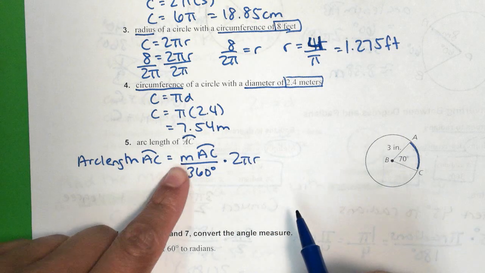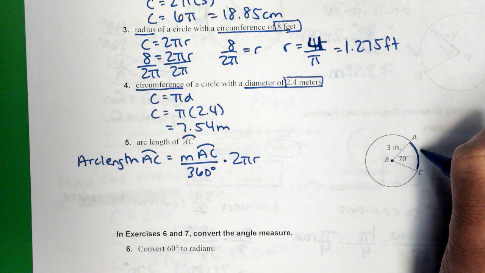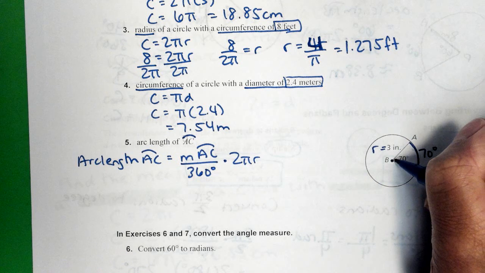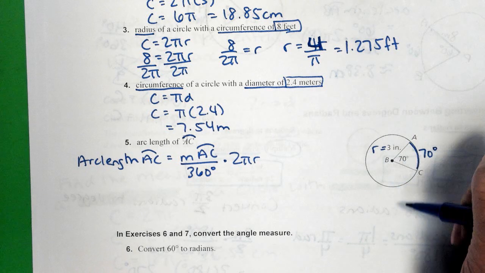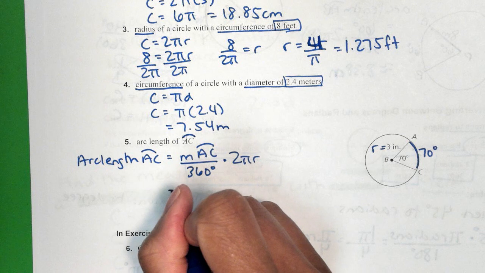So we know that the measure of AC, this is a central angle, so this is 70 degrees, and AC is also 70 degrees, and 3 becomes our radius, because any distance from the center to the edge of the circle is called a radius. So 3 is the radius, so I can plug in my numbers.